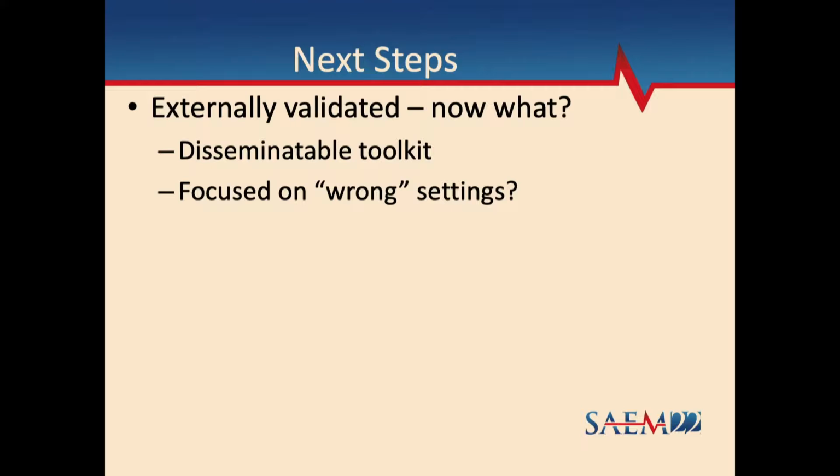So, externally validated. Yes, we externally validated from our academic setting, and we were able to use the toolkit that we had developed quite facilely for this. But again, the question was, is this the right setting or not?